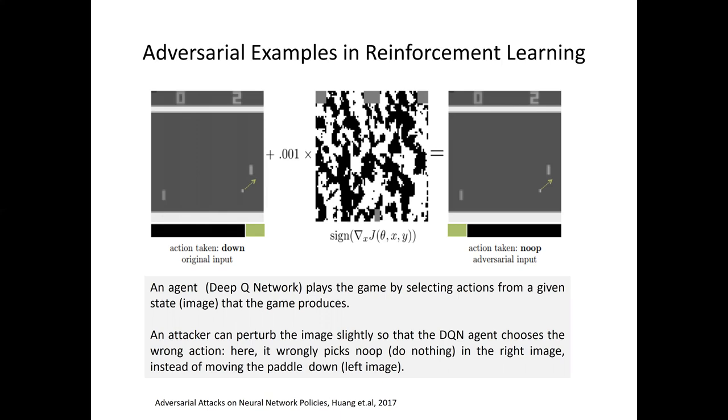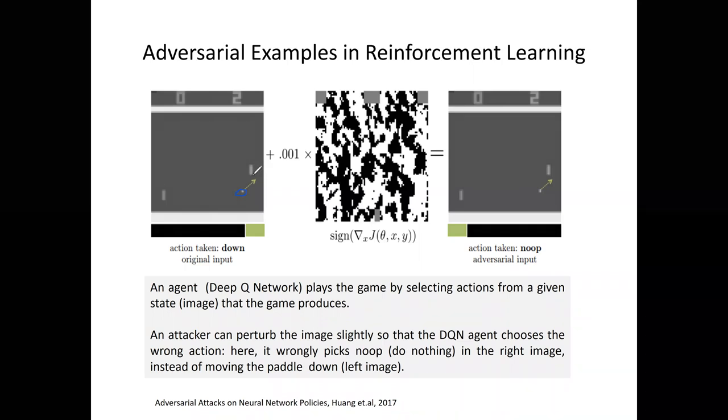Right, so let's see here. Let's use the annotation. Okay, so over here what we have is the following image, and ideally what you want to happen is when the ball is over here, we're playing this Pong, and the correct action here is that the paddle goes down, right?